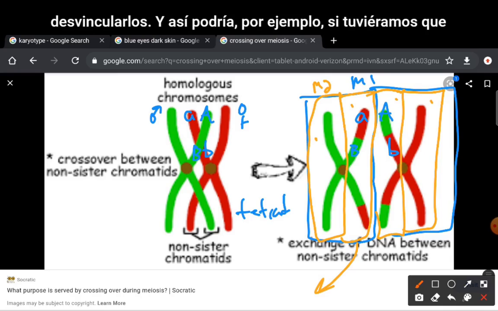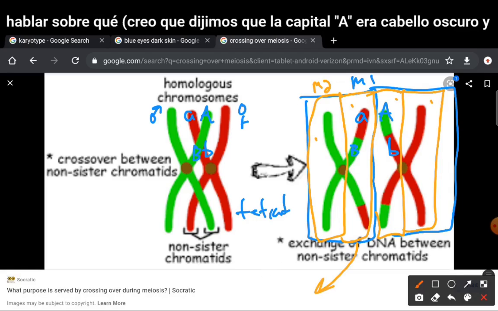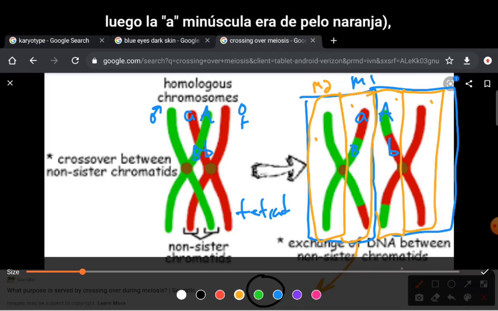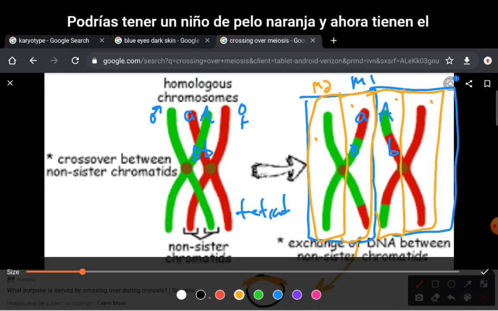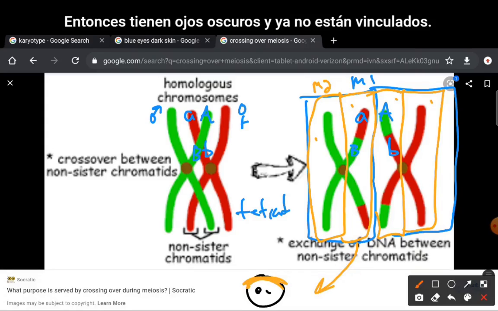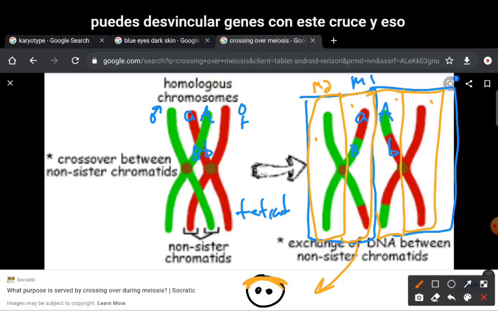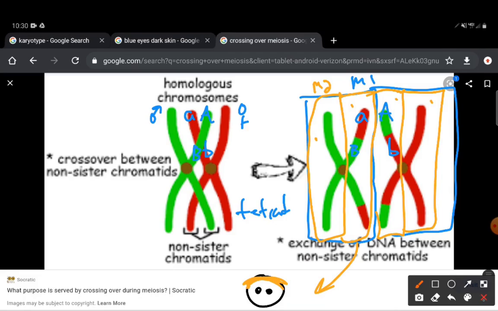And so, if we said capital A was dark hair and lowercase a was orange hair, you could get an orange-haired child, and now they have the capital B, so they have dark eyes. And so they are no longer linked. So you can unlink genes with this crossing over thing, and that creates a huge diversity in potential.